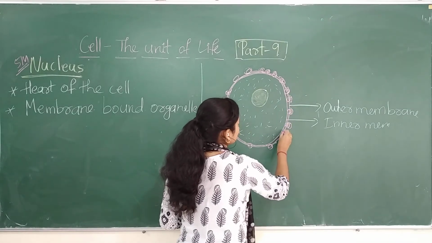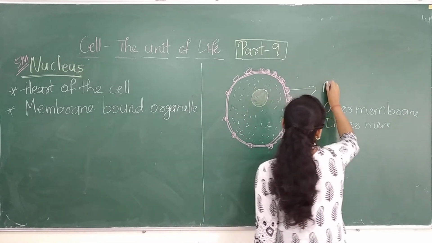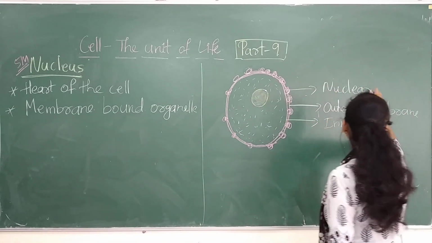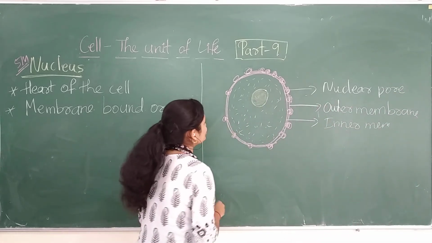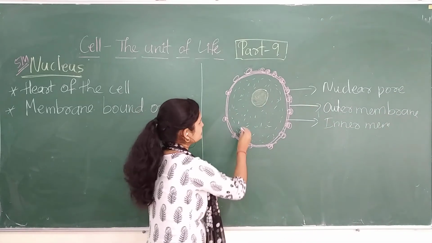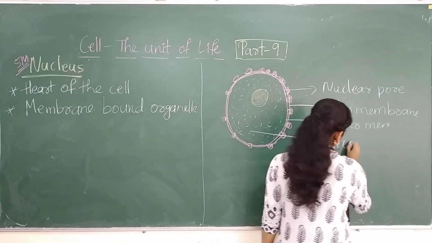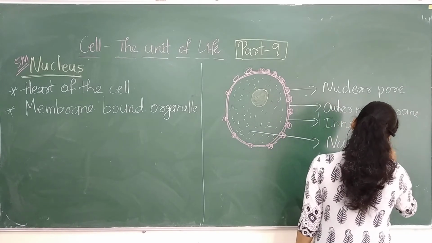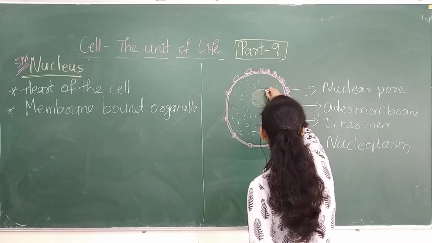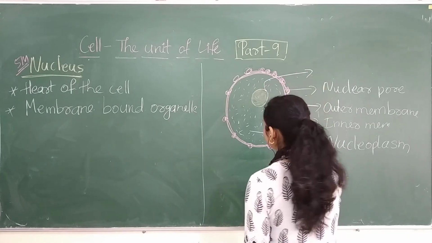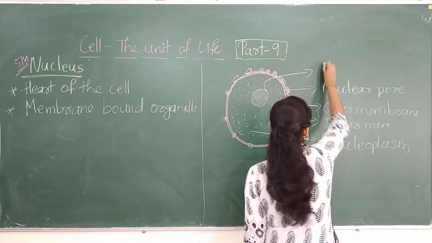So what is the importance of the nuclear pore? Why should it be present? Now you will get the question. What is this yellow color structure called? Nucleolus.